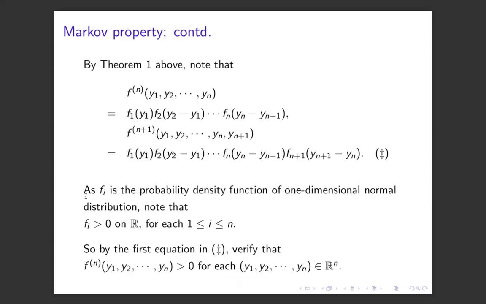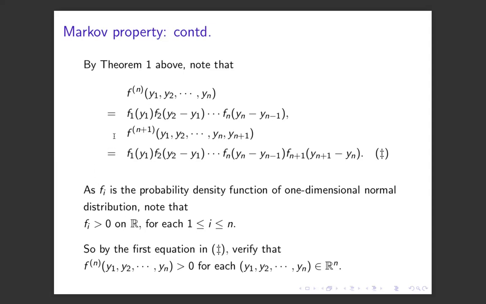Not only that, each of these fi is the probability density function of a one-dimensional normal distribution. And from our knowledge of one-dimensional normal random variables, we know that the density function is strictly positive on the entire real line. fi is strictly greater than 0 on the real line.